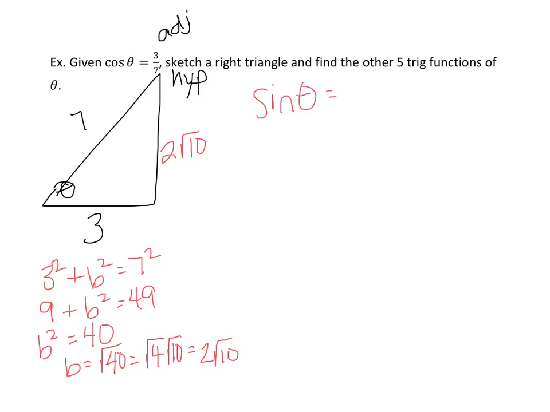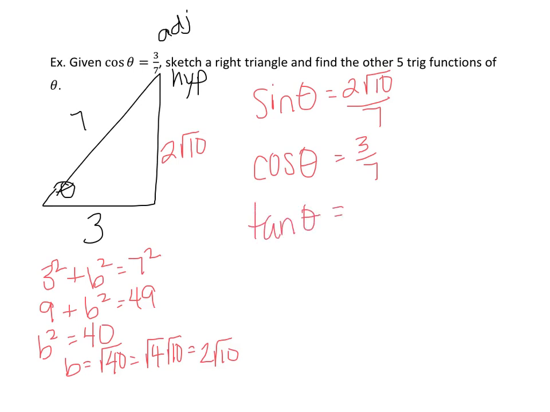sine theta, 2 radical 10 over 7. Cosine theta, 3/7. Hopefully, because I gave us that one. Tangent theta, opposite, 2 radical 10 over adjacent 3.